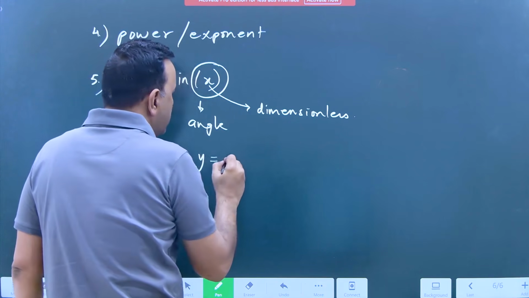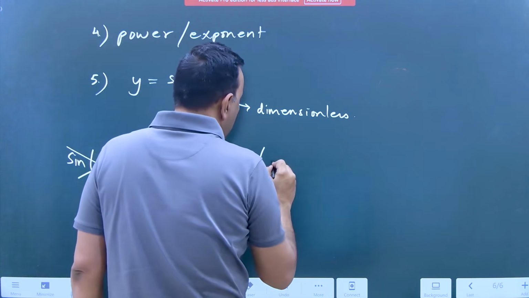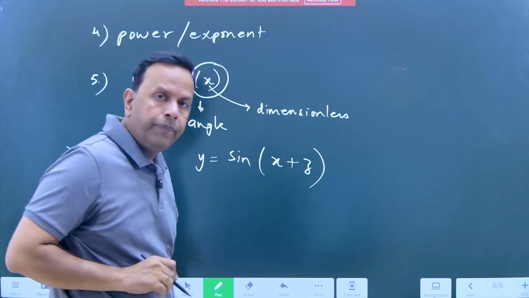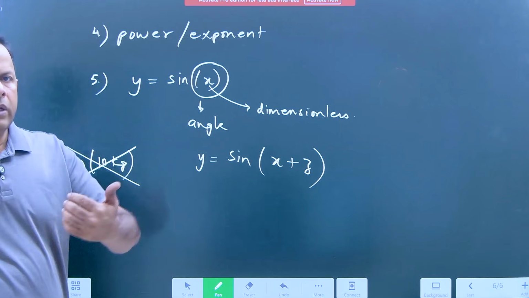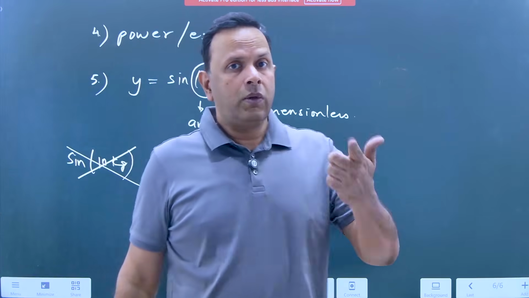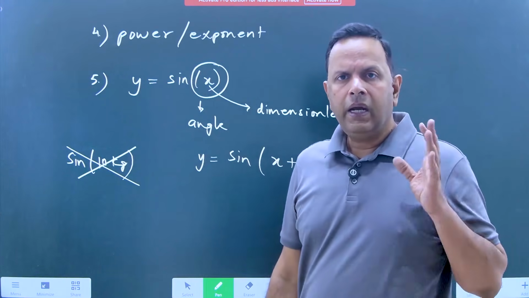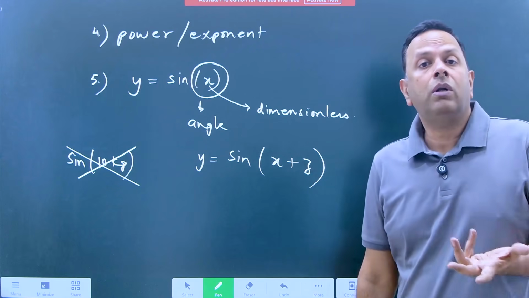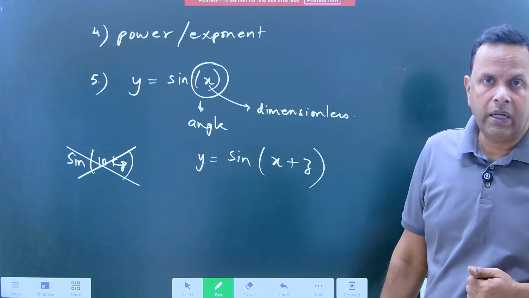Suppose I write y is equal to sine of x plus z. Now again I don't tell you what is x, what is z, but I tell you the equation is correct. I take the guarantee that the equation is correct. Now you tell me what x is and what z is.